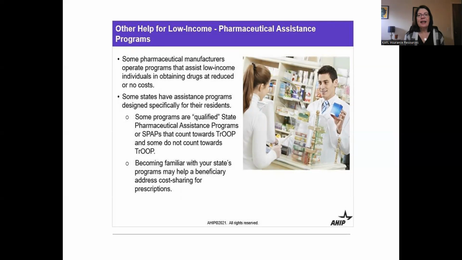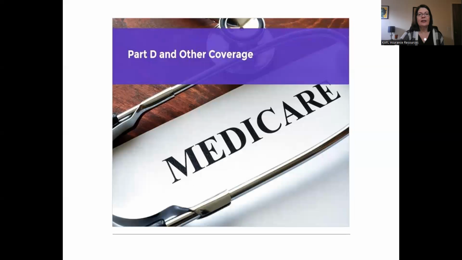But if somebody has EPIC, it allows them to change plans one time during the year if they don't have any other election period available. So New York State does have EPIC, and like I said, if somebody qualifies for it, it's a good idea to have them sign up.